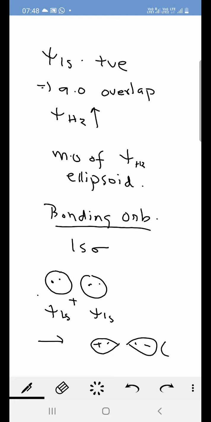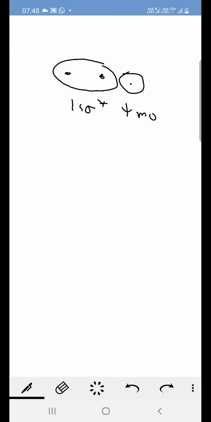This is your anti-bonding orbital, and it may also form like this. This is 1s sigma star. This is the molecular orbital. This is the bonding orbital, BO.